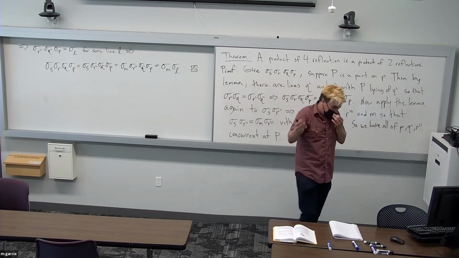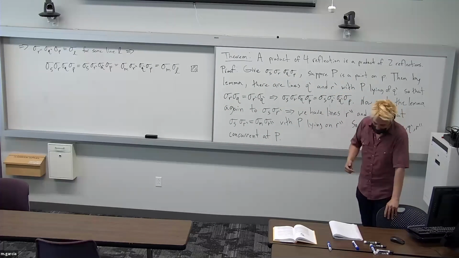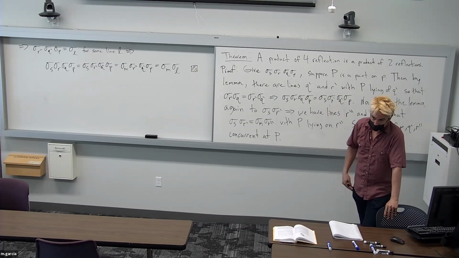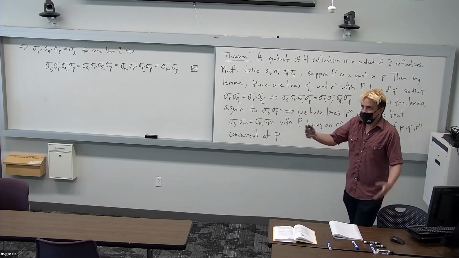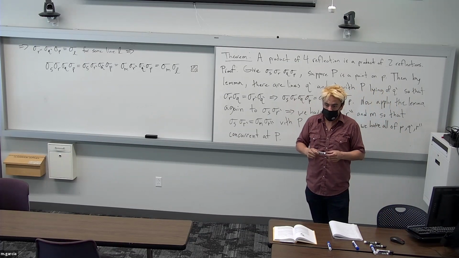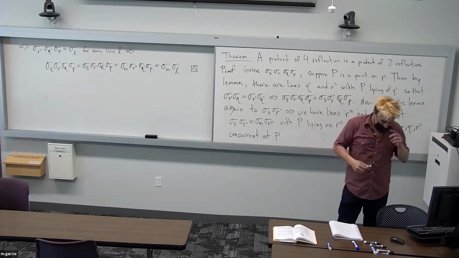And then an odd isometry is either a single reflection or a product of 3 reflections. And then we'll show that an isometry can't be both even and odd.